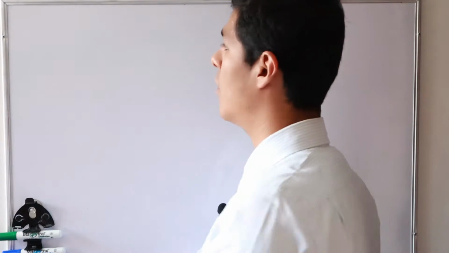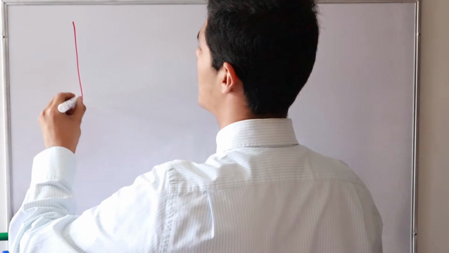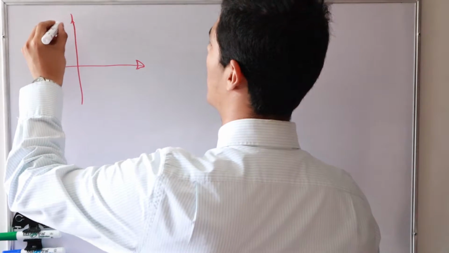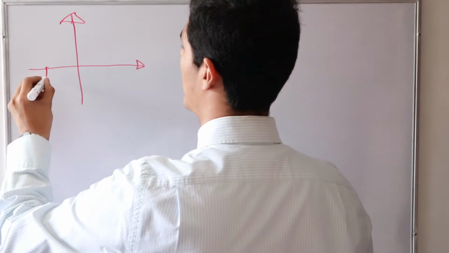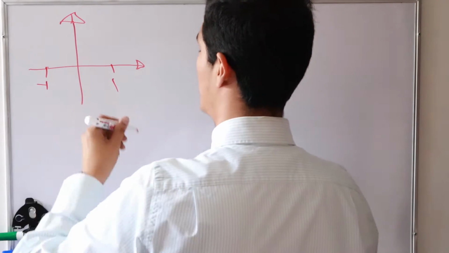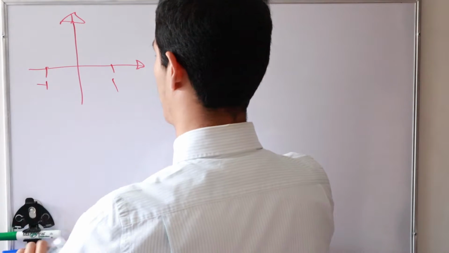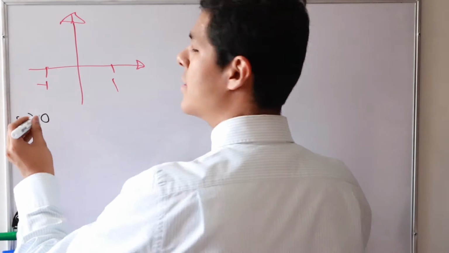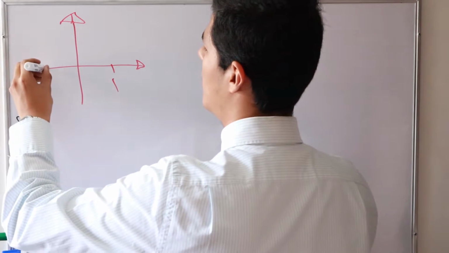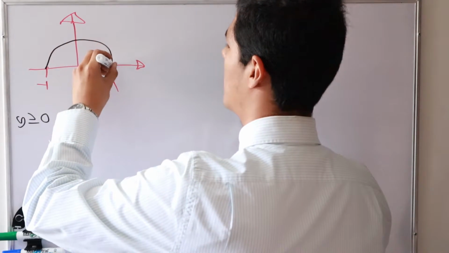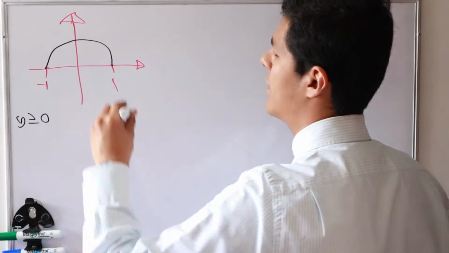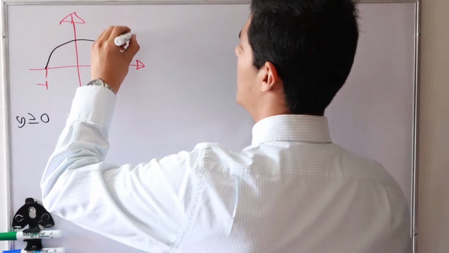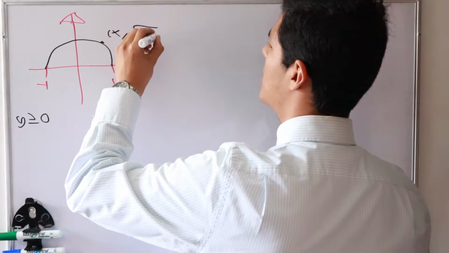Recalling the past video, we found the unit circle defined by x between -1 and 1 with y greater than or equal to 0, and every point on it is of the form x, square root of 1 minus x squared.